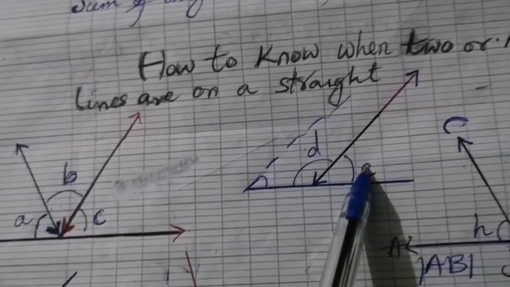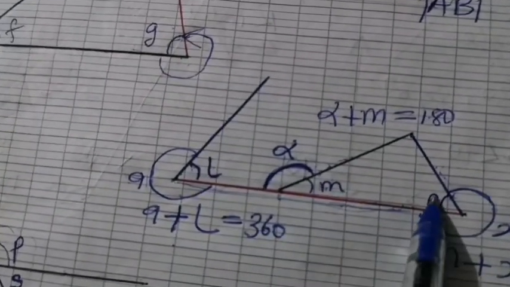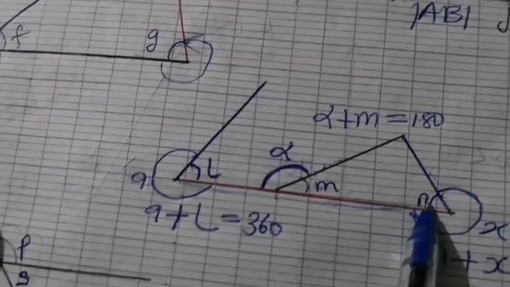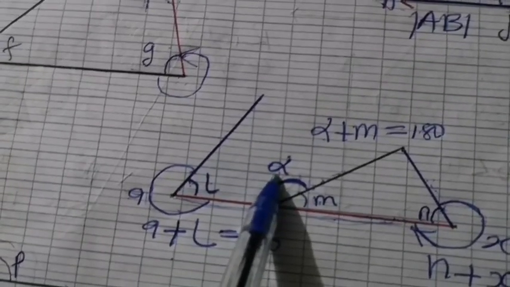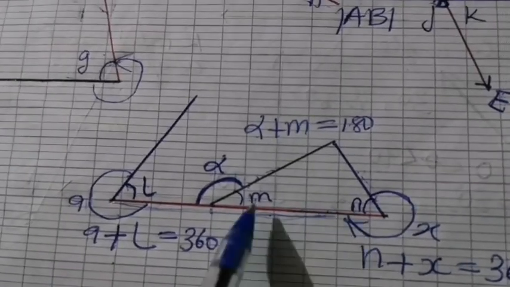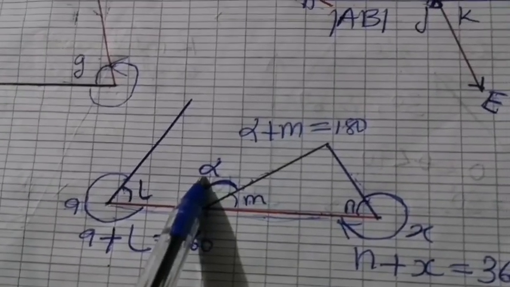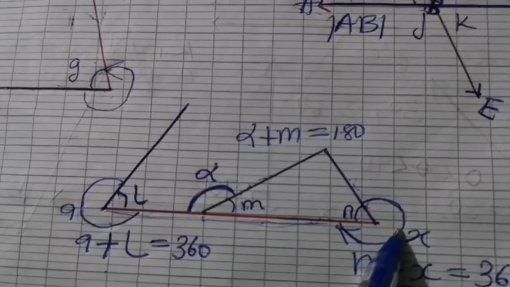D and E are angles on a straight line, but A plus B is like M and N, and M and N are not angles on a straight line. Instead, M and alpha are angles on a straight line, but N and X are angles at a point.